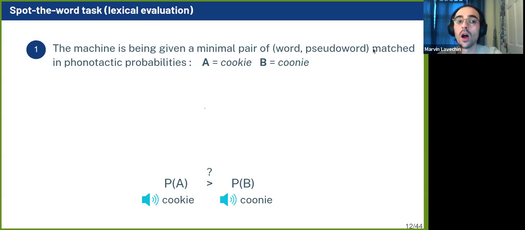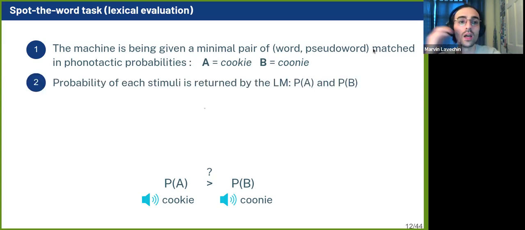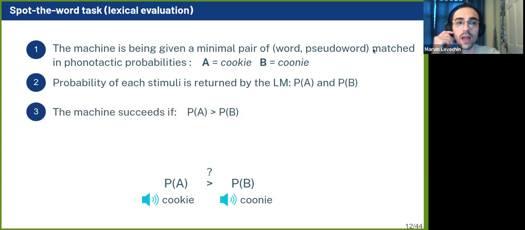For instance, the model receives cookie, which is a real English word, and kuni, which isn't an English word, but it sounds like an English word. We compute the probability of each stimulus via the language model, and the machine succeeds if the probability associated to the real word is higher than the probability associated to the pseudo word. And again, we run this procedure on thousands of pairs in English or French.